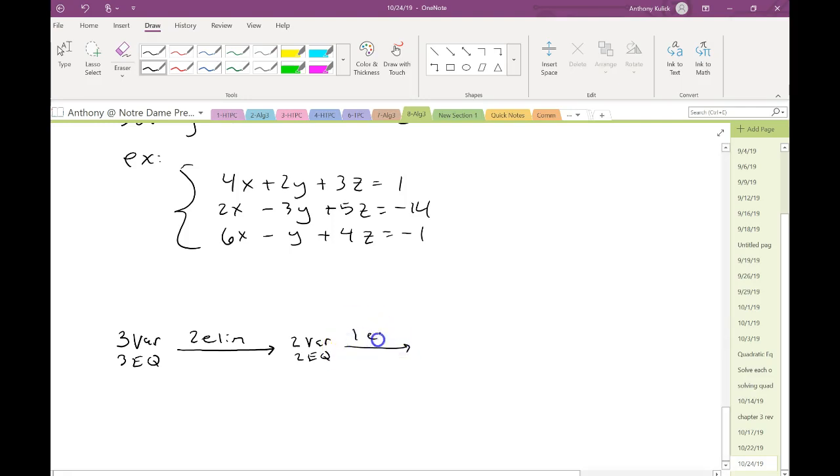So from there, we'll do one elimination, which will give us one variable and one equation, and that we can solve to get the first part of our solution.